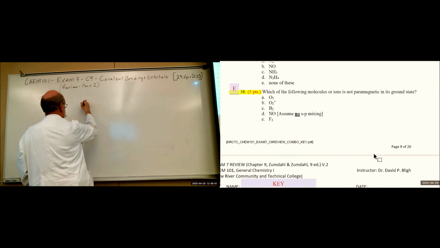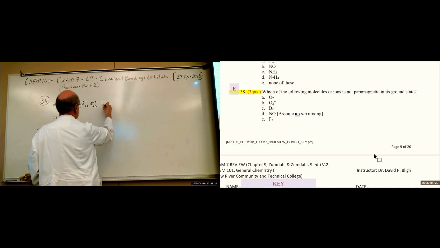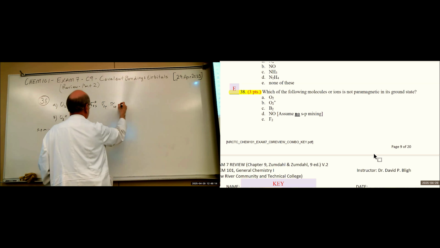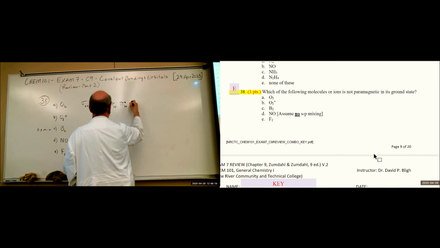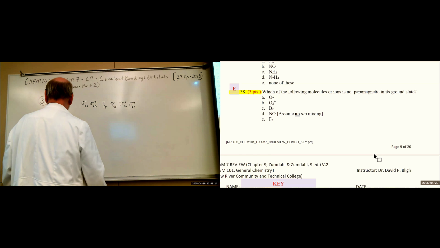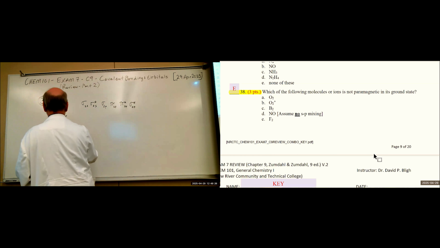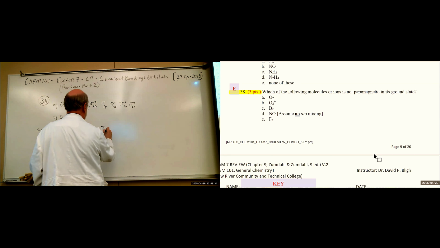All right, so the rest of them are going to be sigma 2s, sigma star 2s, sigma 2p, pi 2p, pi star 2p, and sigma star 2p. Okay, and this one with mixing is going to be star pi 2p. We probably need all those. I'm going to stop there.